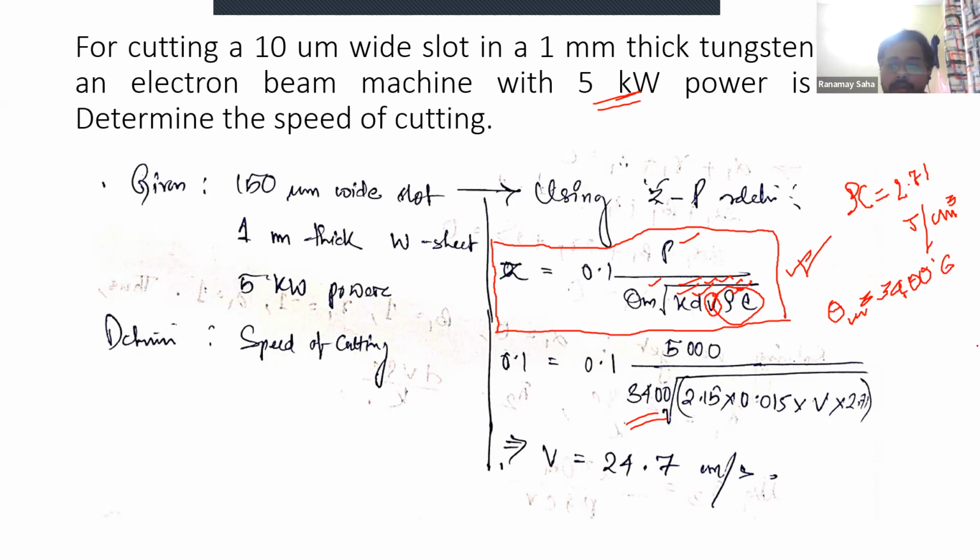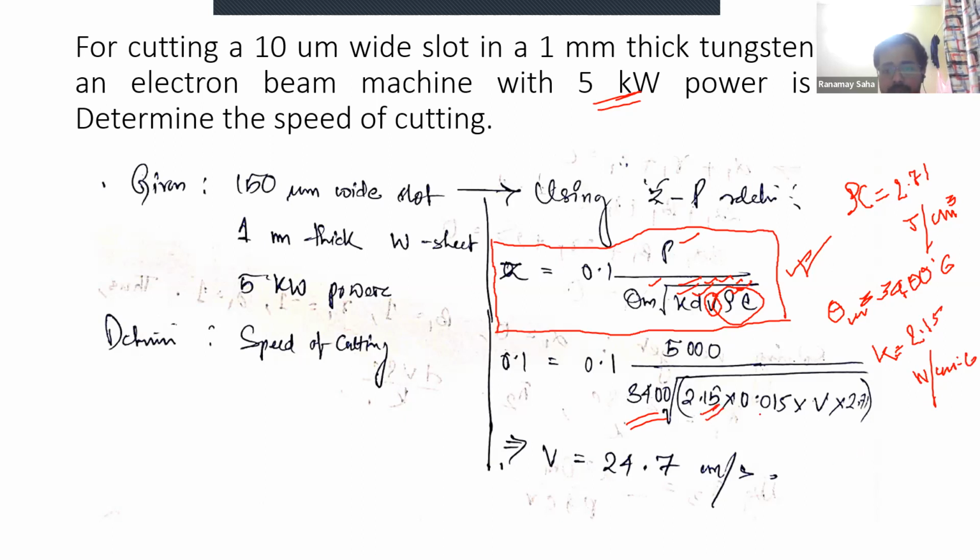And then thermal conductivity K for tungsten is again 2.15 watt per centimeter degree centigrade.